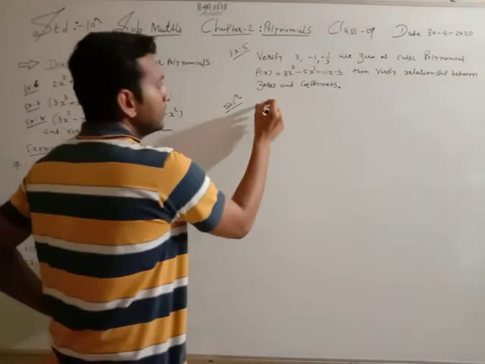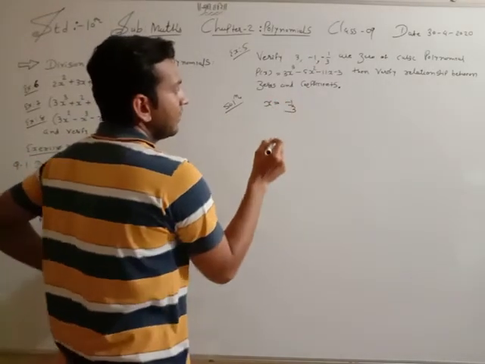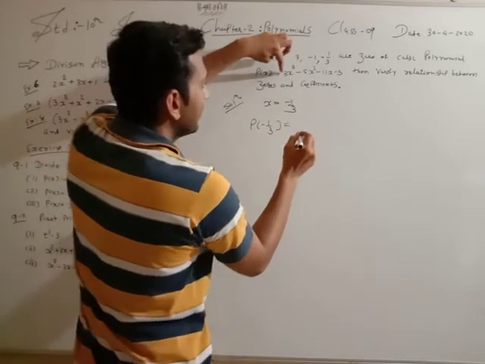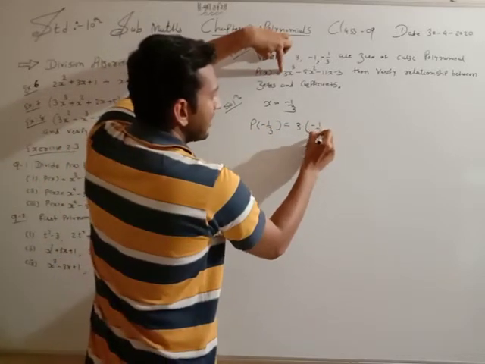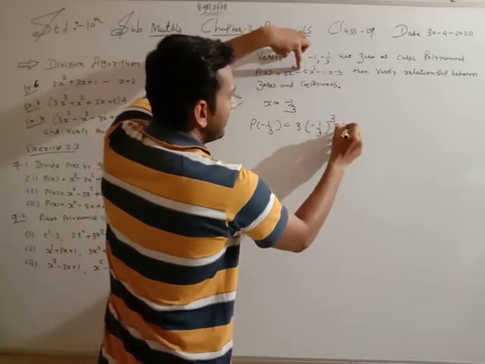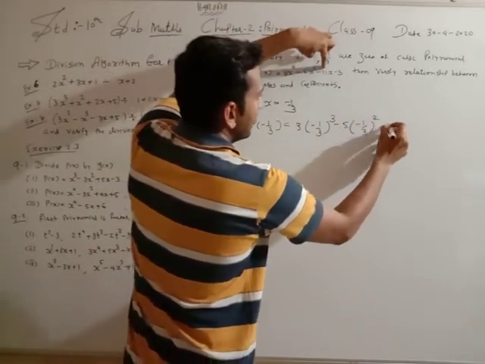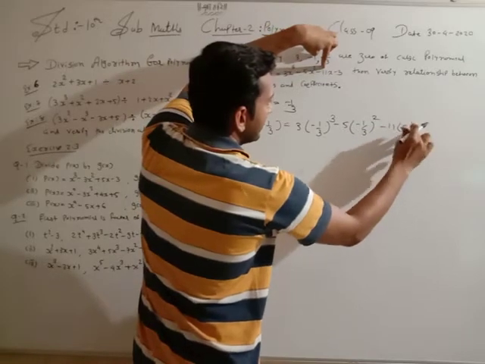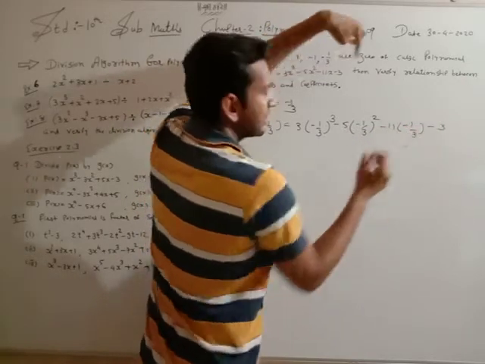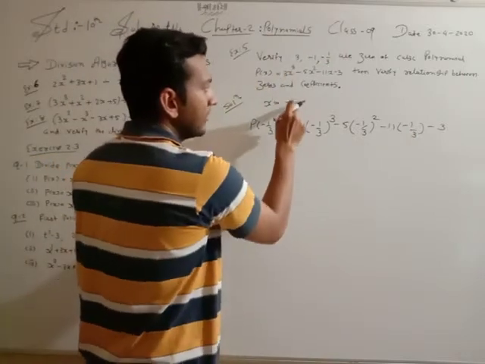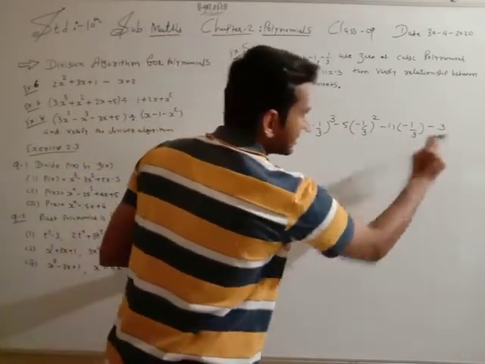x is equal to minus 1 by 3. So p of minus 1 by 3 is equal to 3 into bracket minus 1 by 3 raised to 3 minus 5 into minus 1 by 3 raised to 2 minus 11 into minus 1 by 3 minus 3. I am just putting x is equal to minus 1 by 3 and I got this term.